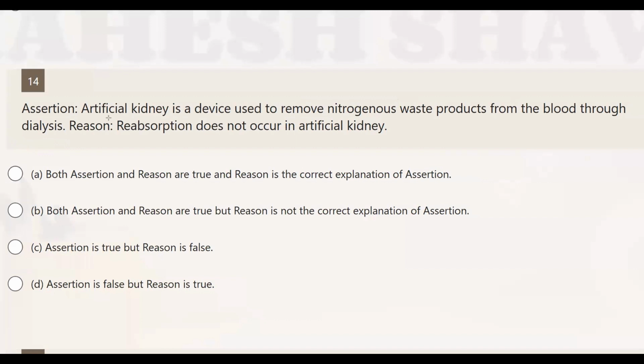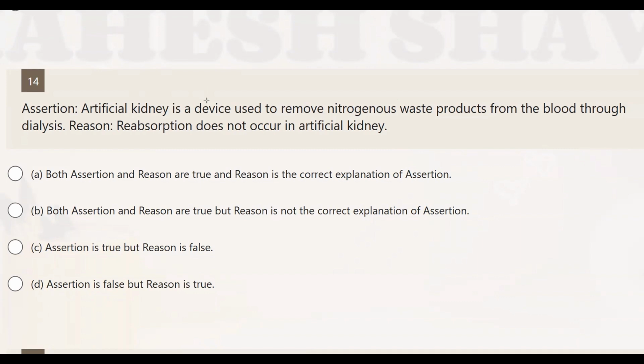That's true. Now the reason is reabsorption does not take place in the artificial kidney. That's the main limitation of dialysis.